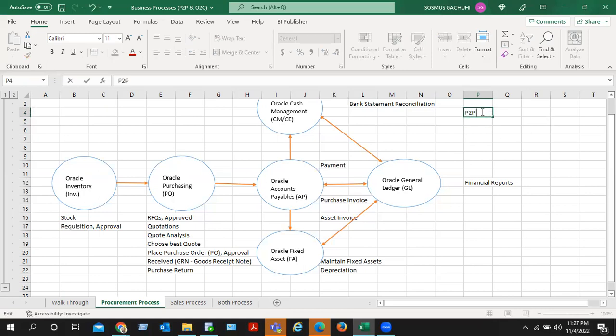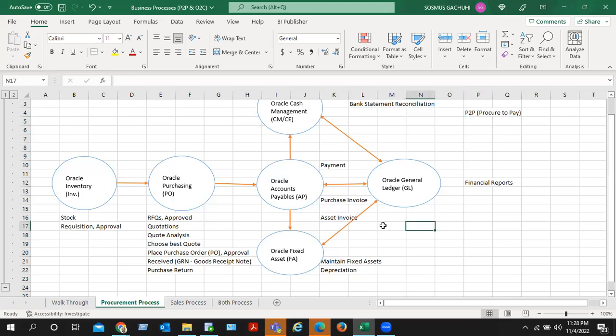P2P stands for Procure to Pay. The first P stands for Procure, 2 stands for TO, and the second P stands for Pay. So P2P means Procure to Pay.